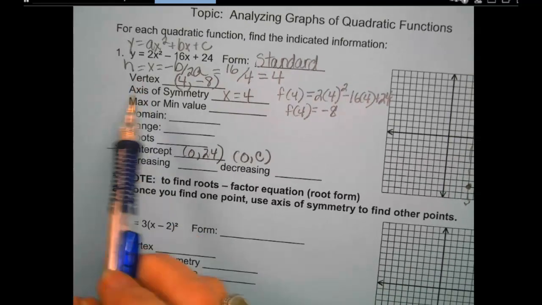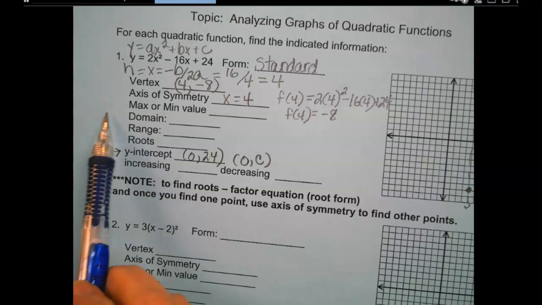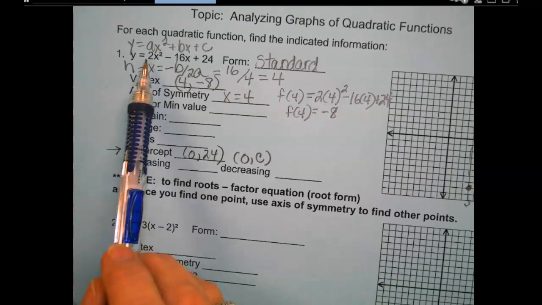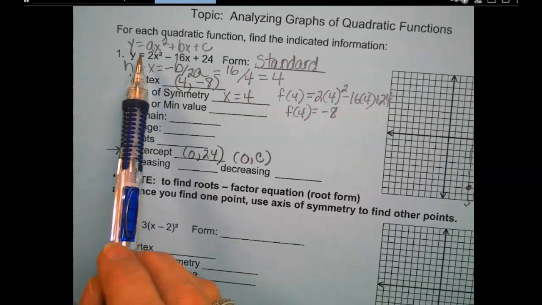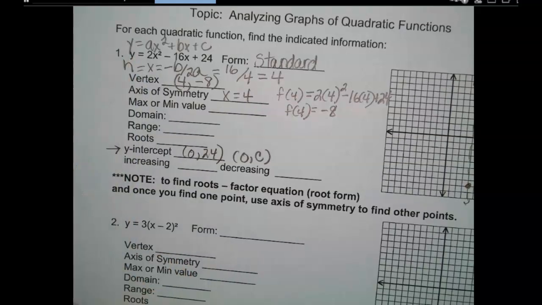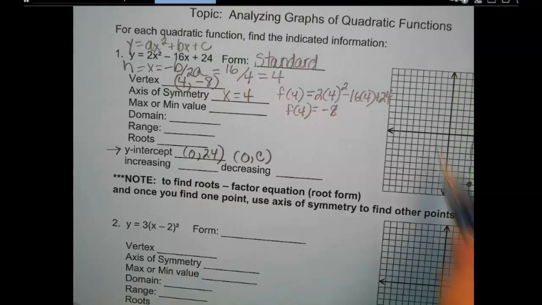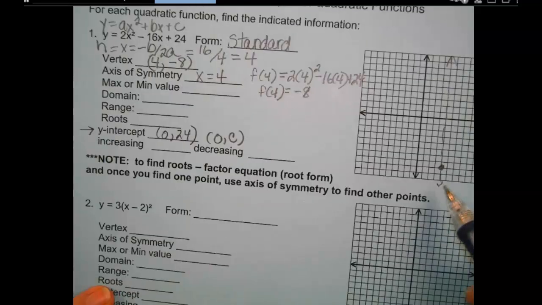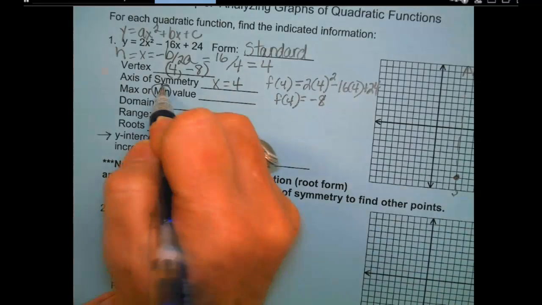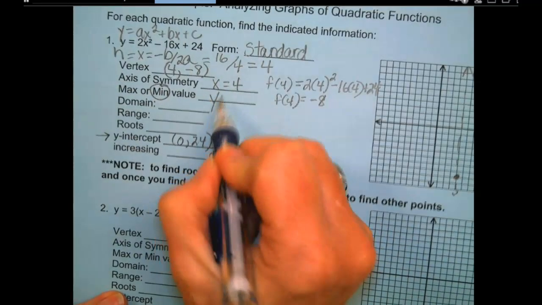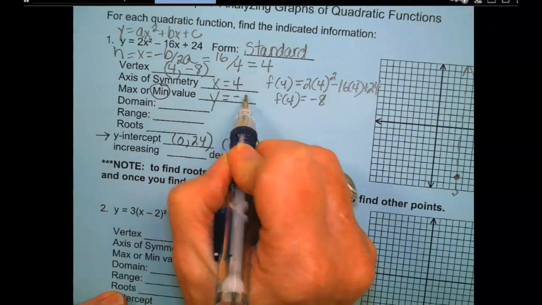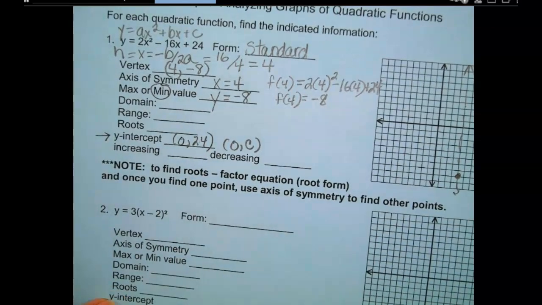So, y'all, what is the a value in this equation? 2. Is that positive or negative? Positive, and that means the parabola is which way? Up or down? Up. So if it means it's up, this vertex is going to be a minimum, correct? So this is the minimum, and it's going to be whatever my y value is, which this time is negative 8.